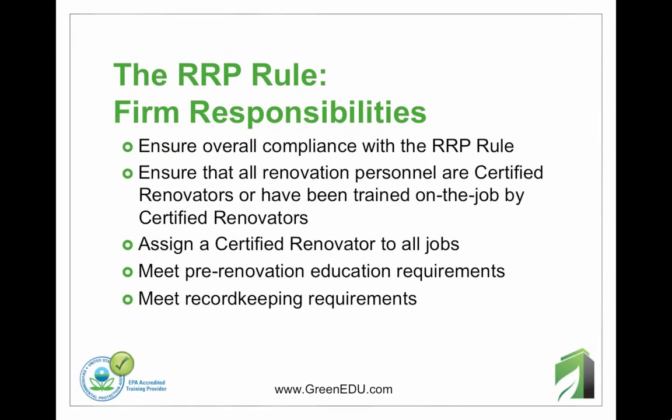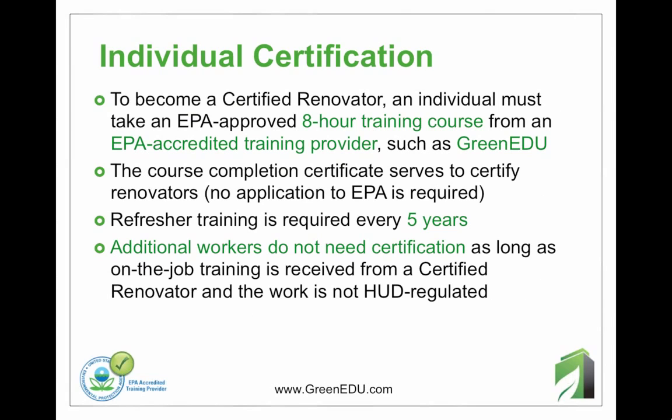And we're going to come back to that last statement on the next slide, what it means to be trained on the job by a certified renovator. The company, the firm, has to assign at least one certificate holder to all the projects. And then, of course, there's pre-renovation education requirements and all the record-keeping requirements, which we will discuss in the second to last slide.